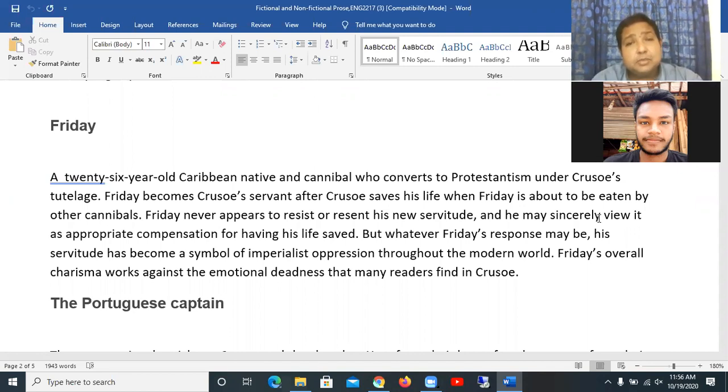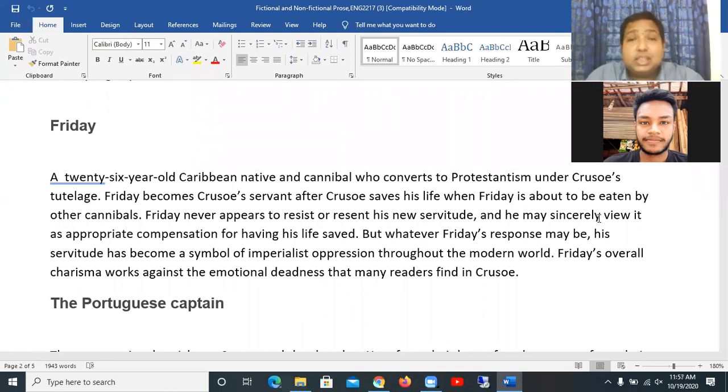The cannibals used to roam around the islands, and they used to have barbecue parties on different islands. They used to kidnap people from other groups, go to islands and have a barbecue party with the human flesh, and then go away. That was their routine.